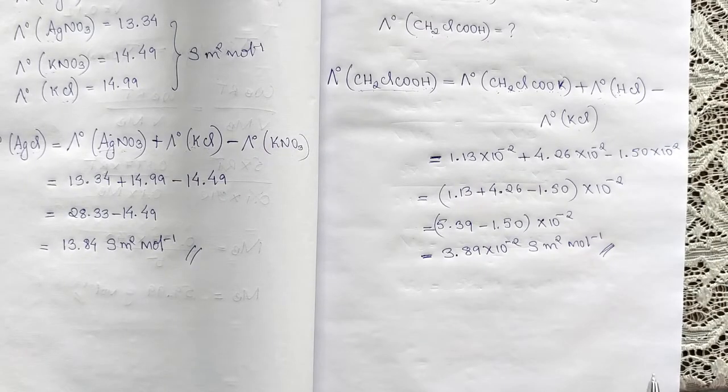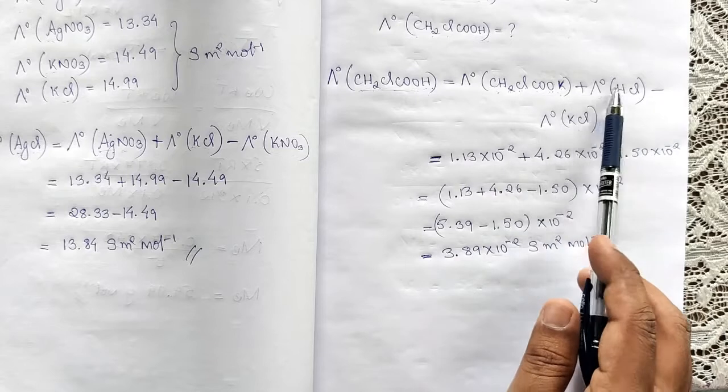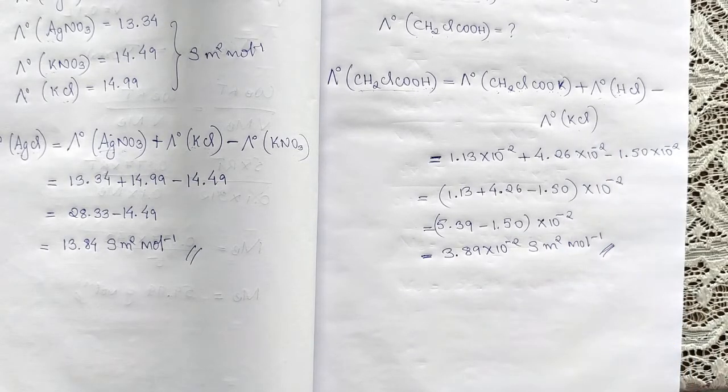So this will be our answer: 3.89 into 10 to the power minus 2 Siemens meter square per mole. Always remember, you're going to add two out here and subtract one.